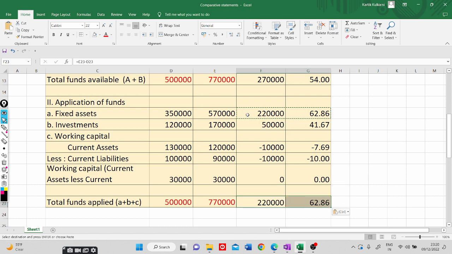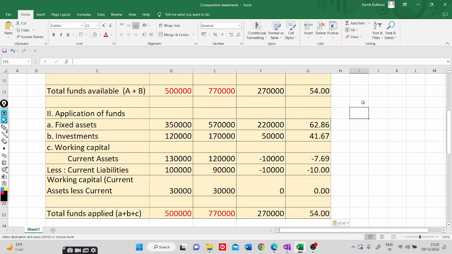You can see here working capital, there is no changes. There is no changes in the working capital, while the negative figure here will indicate the decrease. You can see current assets and current liabilities are appearing as negative figure, so it is decreasing.